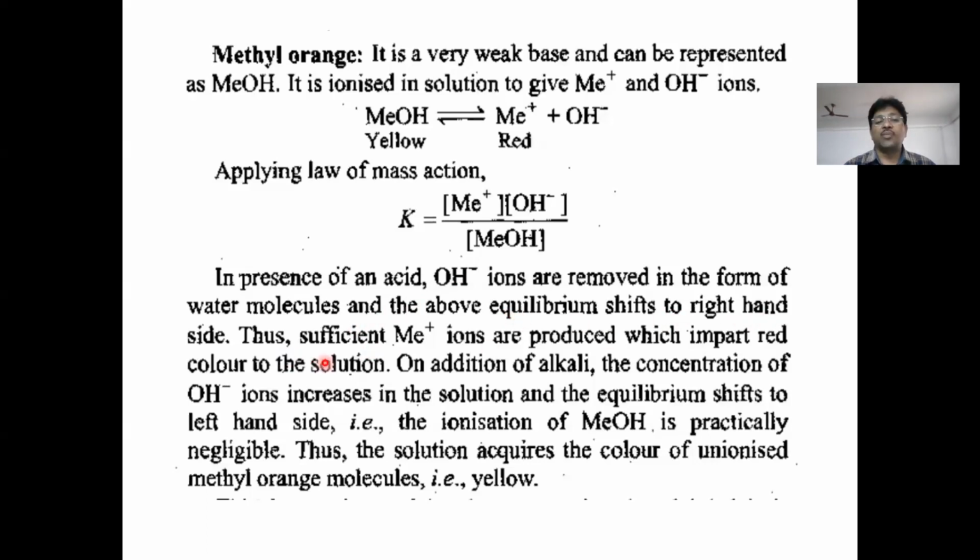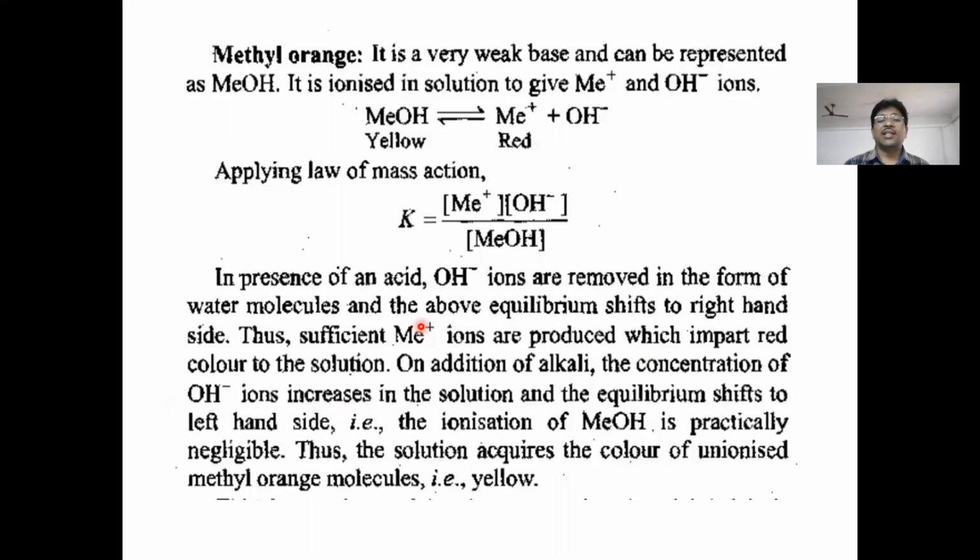Sufficient Me plus ions are produced, which give red color to the solution. On addition of alkali, suppose we add alkali, a soluble base, to this acidic solution, the concentration of OH minus ions increases.